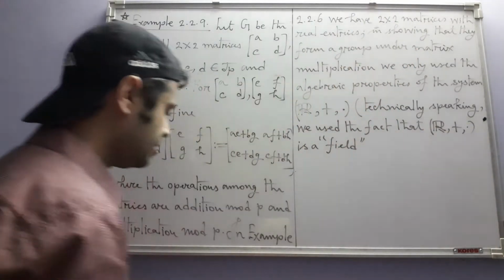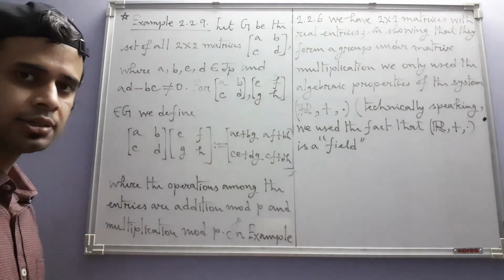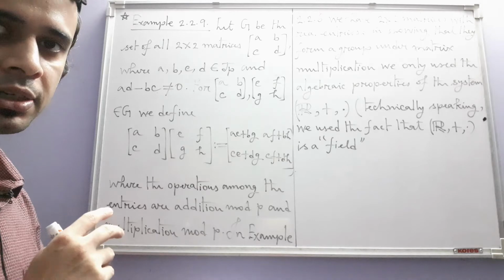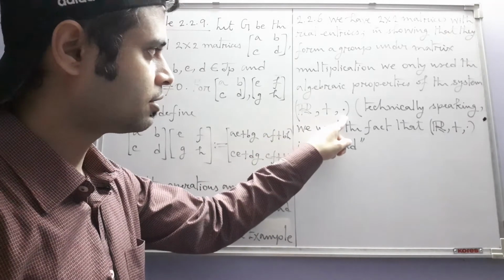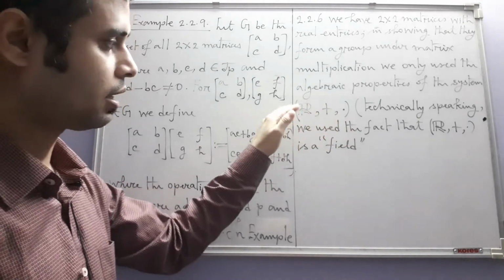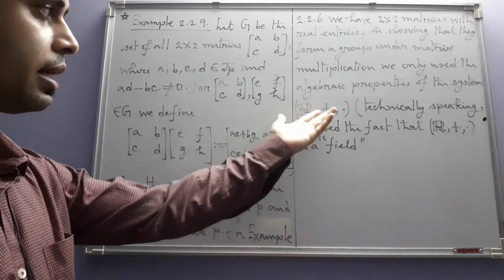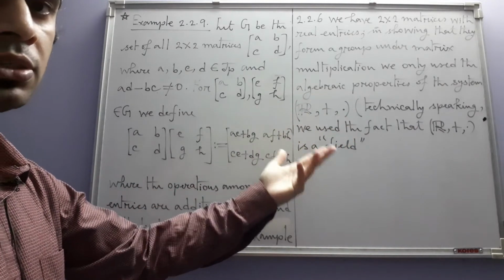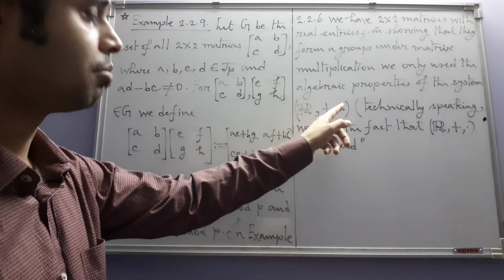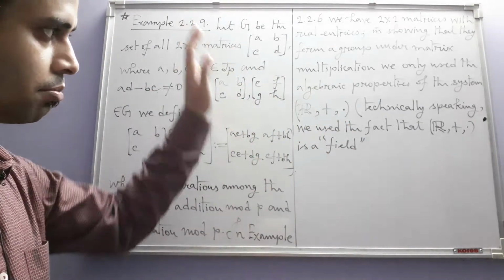Okay, so the point here is that in showing that the 2 by 2 real matrices form a group under matrix multiplication, we only used the algebraic properties of this system, specifically those properties which say that addition is commutative, addition is associative, multiplication is distributive over addition, those properties.